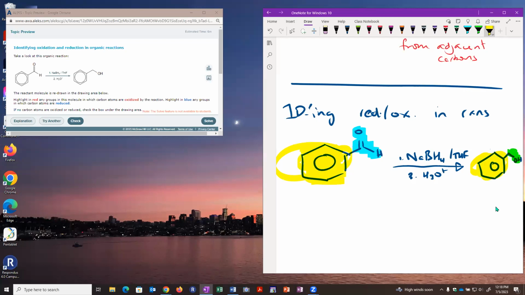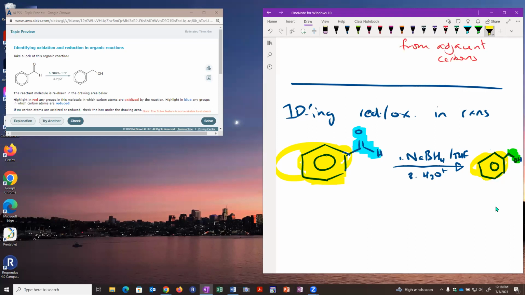We need to see whether this has become oxidized or whether it's become reduced. One quick way that we can identify oxidation reduction in organic reactions is to see whether we've gained oxygens, lost oxygens, gained hydrogens, lost hydrogens, whether we've increased the number of carbon to oxygen bonds or decreased the number of carbon to oxygen bonds, right?